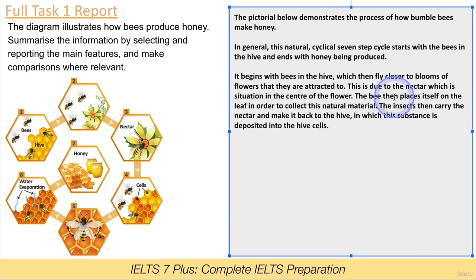Okay, the bee then places itself on the leaf in order to collect this natural material. Next, the insects carry the nectar and make it back to the hive, in which this substance is deposited into the hive cells.